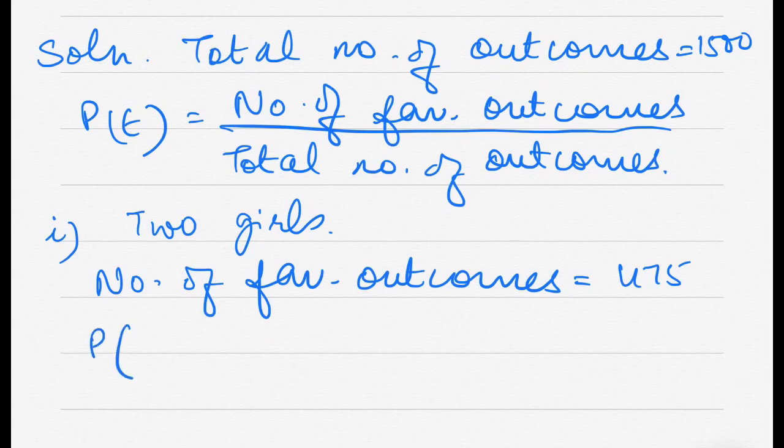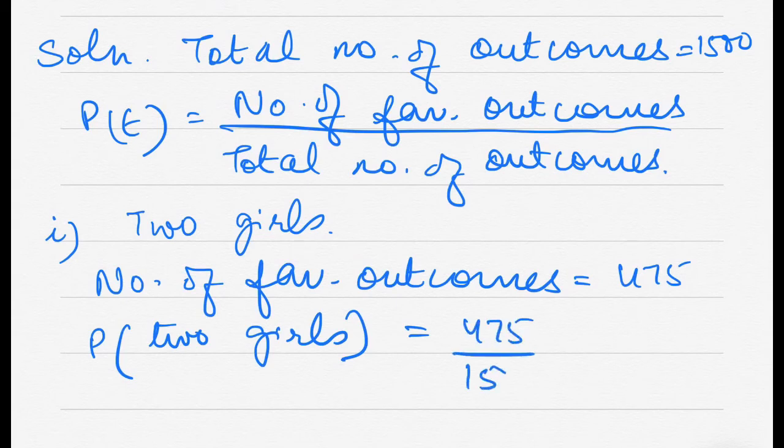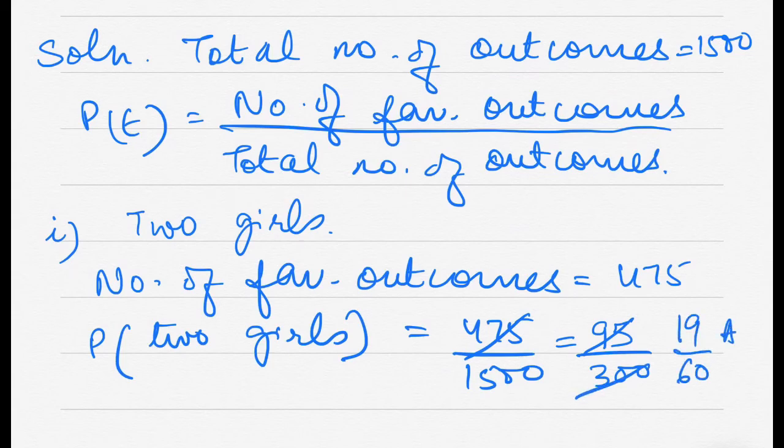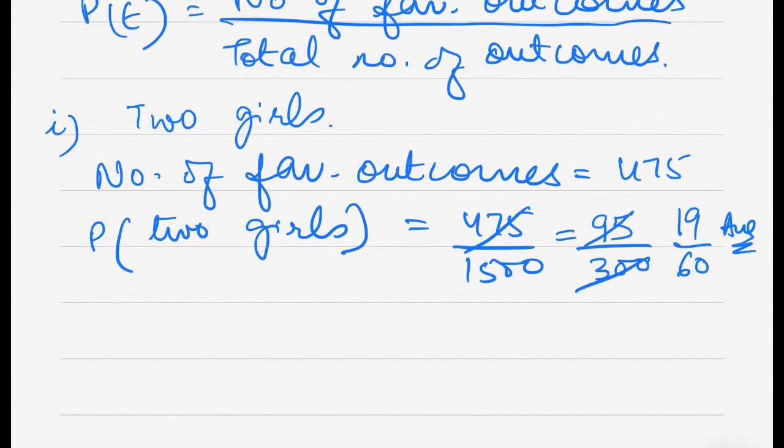So my probability of having 2 girls will be equal to 475 by 1500. I can reduce it to the lowest fraction. 5 9s are 45 and 5 5s are 25, 5 300. Then again it goes by 5. 5 1s are 5, 5 9s are 45, 5 60. Now I can't reduce, so that will be my answer.